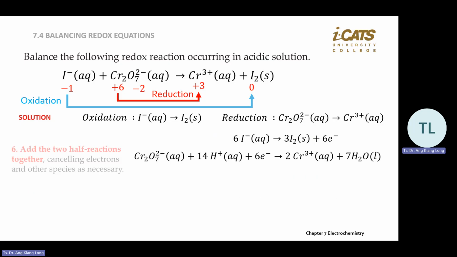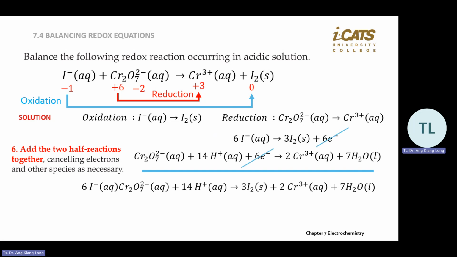Then you balance. You draw a straight line, put the two arrows aligned, and pull down. Remember to cancel the electron, and then you just pull down all elements you see on the left, and all the elements you see on the right. That will be your complete balanced equation. Balance redox reaction.